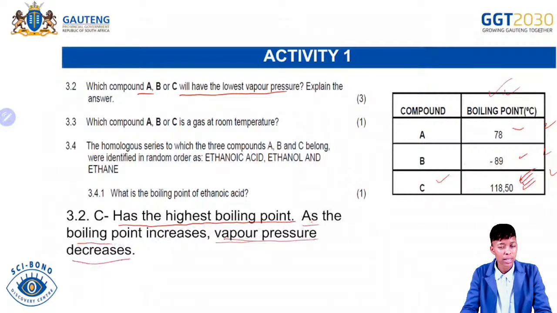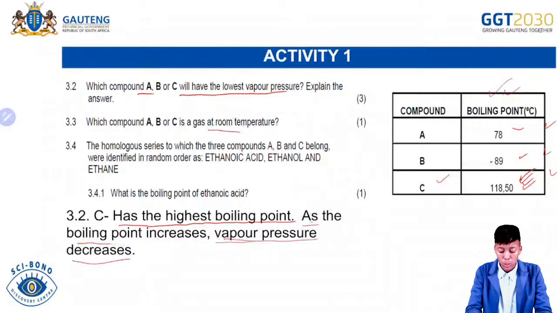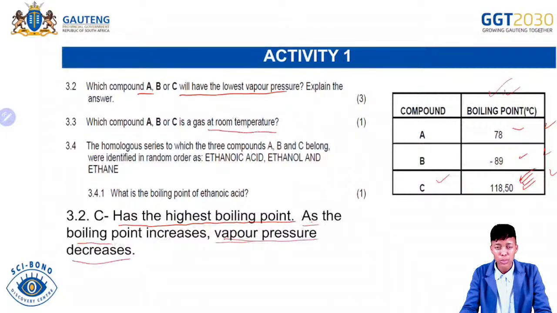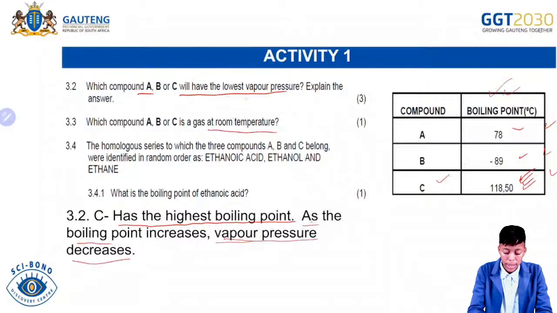And then now you must think about what is the room temperature. So a room temperature will be about 25 degrees Celsius. So it means that if the compound is already at a boiling point, so remember the different phases that we have.